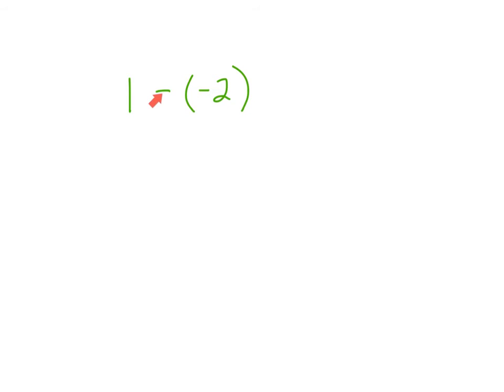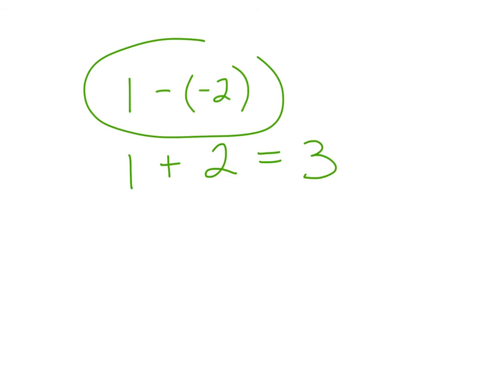The opposite of subtraction is addition, and this is a negative, so that's now going to be a positive. So when I rewrite this, it becomes 1 plus a positive 2. And now this problem becomes much easier to solve. It's just 3. So doing the opposite really can help us when we're dealing with a negative number as one of our numbers.